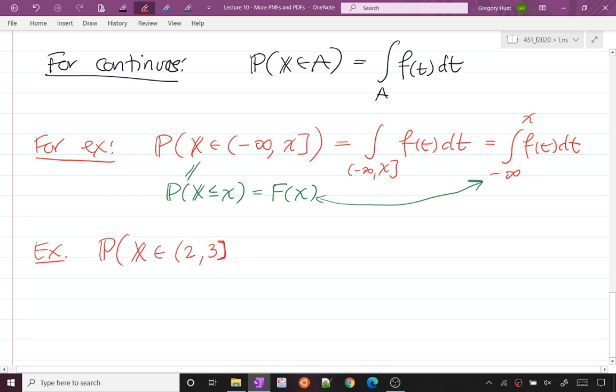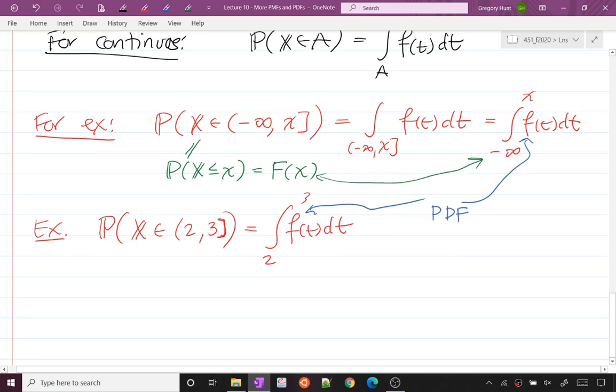It doesn't really matter for continuous, because you can throw out a countable number of points from any set and it doesn't affect the probability. This would just be the integral from 2 to 3 of f of t dt. Here we should be careful. This little f is the density function, the PDF.